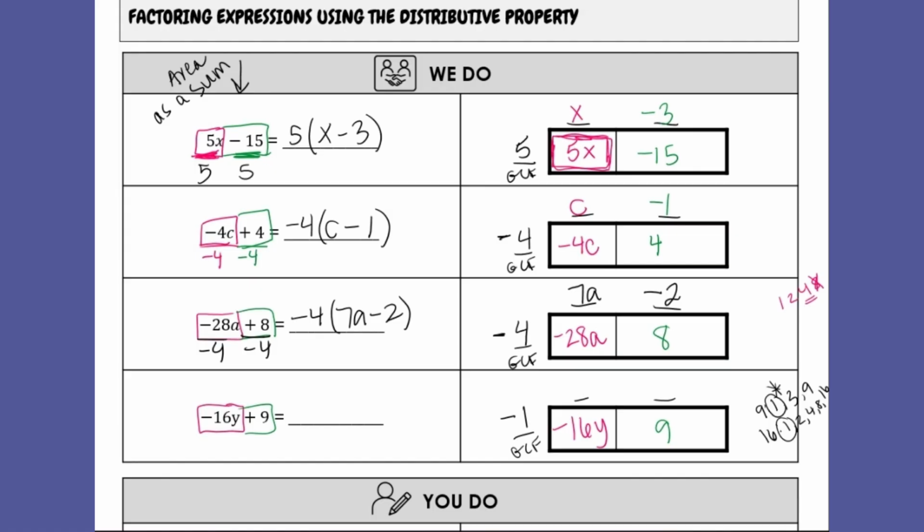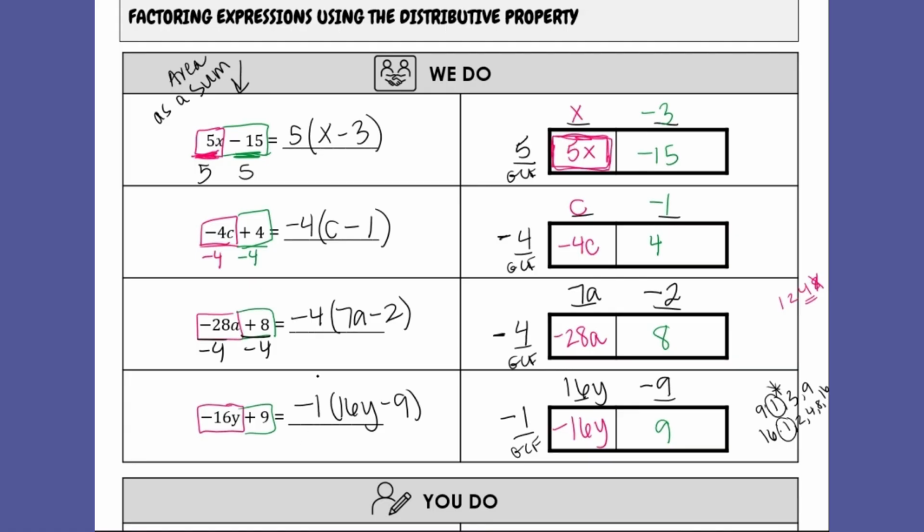So when I take out a negative 1, my other terms are going to actually kind of flip signs, meaning that negative 1 times what would give me negative 16y? That would be positive 16y. And then negative 1 times negative 9 would give me positive 9. So when I go to write my expression, my GCF would be negative 1 times 16y minus 9.